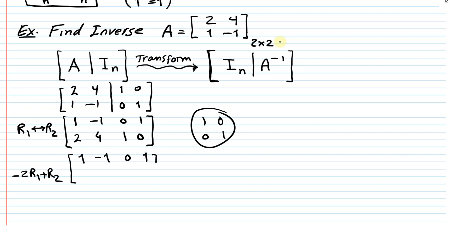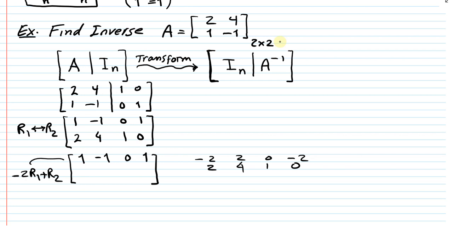That's not going to change. It's the second row that's going to change, and that's going to make it negative 2 times the first row. Let me do that. So it's going to make it negative 2, 2, 0, negative 2. Correct? That's negative 2 times row 1. Add it to existing row 2, and we're going to get 0, 6, 1, negative 2.